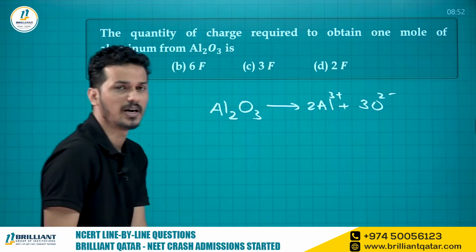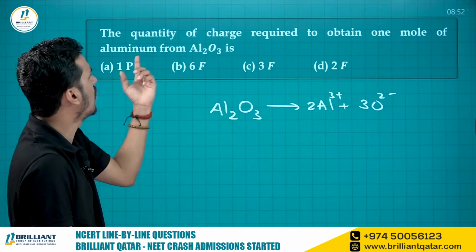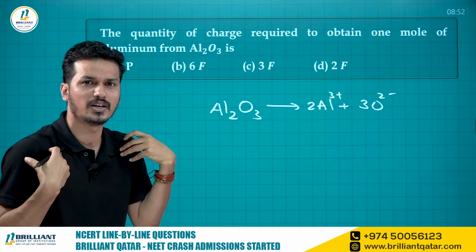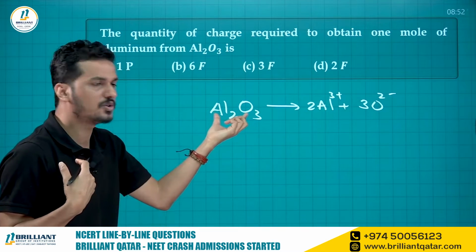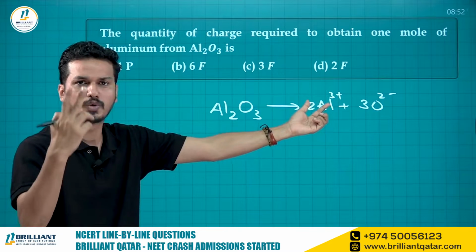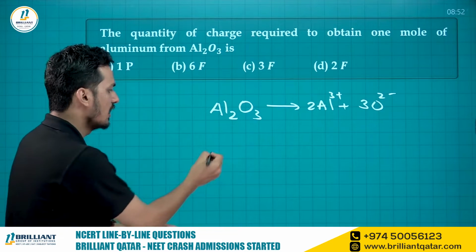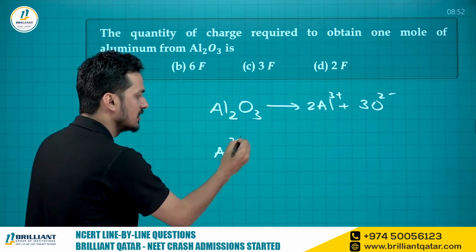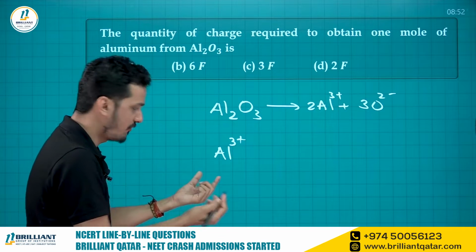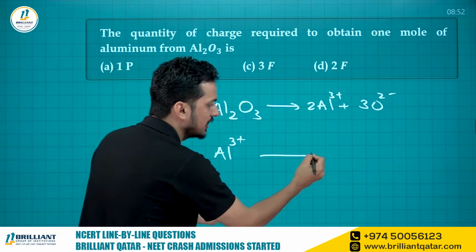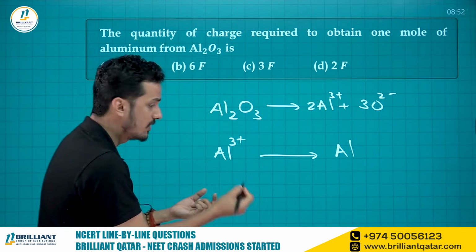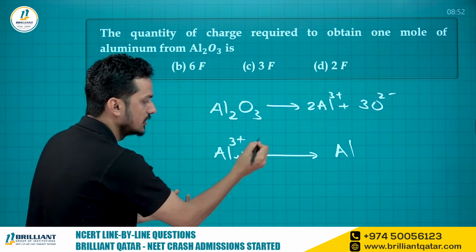We need to get 1 mole of aluminium. In Al2O3, there are 2 Al3+. So from 1 Al3+ we need to get 1 aluminium, which means we need 3 electrons.